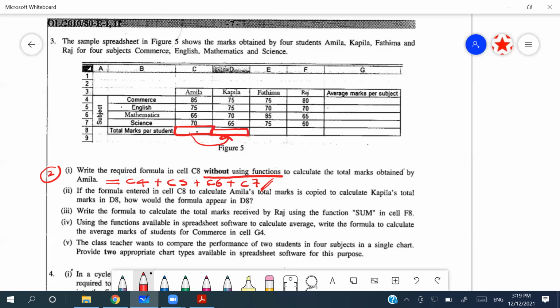We are going to copy the formula to your right hand side in the same row. So when you're copying to the right hand side in the same row, it's the letter that is going to change. The numbers are not going to change. So it's going to be equals D4 plus D5 plus D6 plus D7.